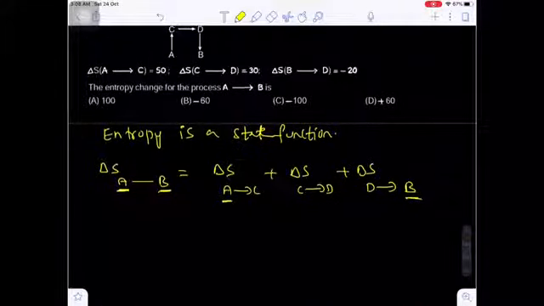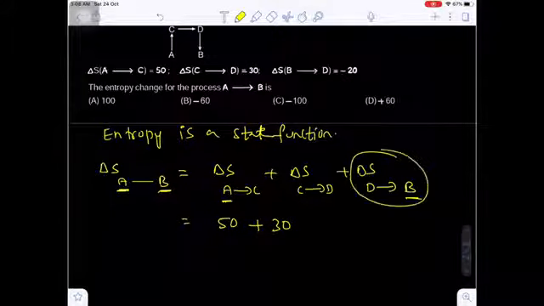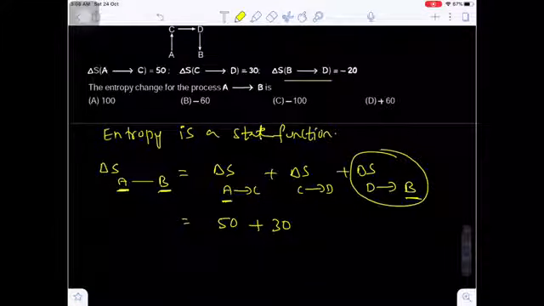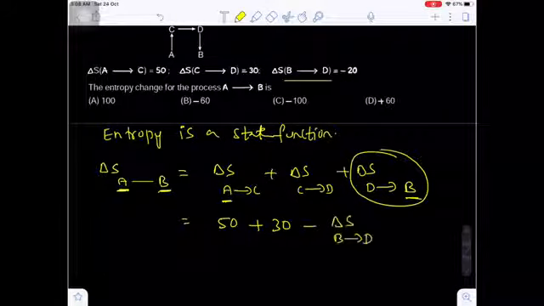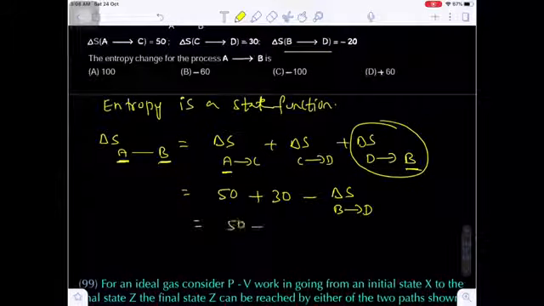But in the question, what is the change in entropy along the path A to C? 50, plus C to D 30. Remember, this is not D to B; in the question it is given B to D. So I take the negative sign, interchanging the path, and I am writing D to B. Are you getting my point? So minus of minus, now you will get what?